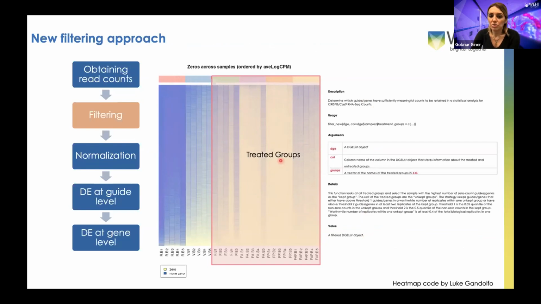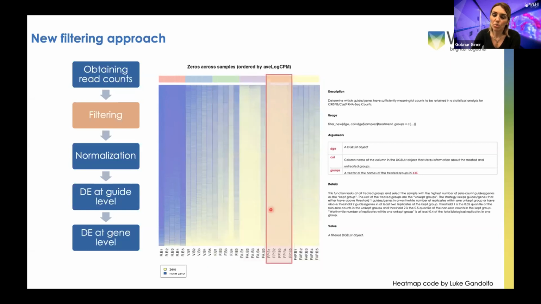You define what your treated groups are, and out of those, you select the group with the highest number of zeros, and you mark this as the kept group and mark the rest of the samples as the unkept group. You define two thresholds, one for each condition, and that's how we defined our new filtering approach. There is a bit more sophistication there, but I can't go into details now. And then you obtain better filtered data.